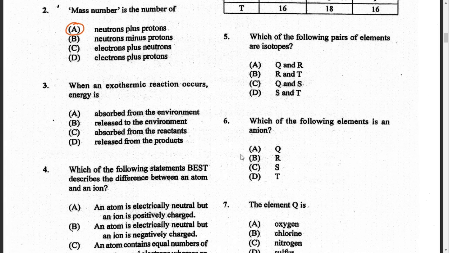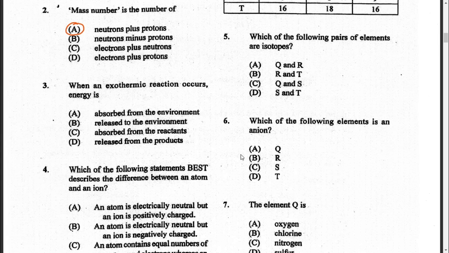C, an atom contains equal numbers of protons and neutrons, whereas an ion contains more electrons than protons. All right. And D, an atom contains equal numbers of protons and electrons, whereas an ion contains unequal numbers of protons and electrons.